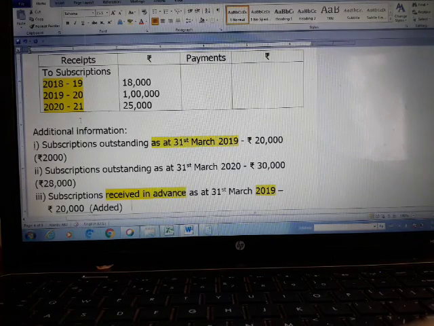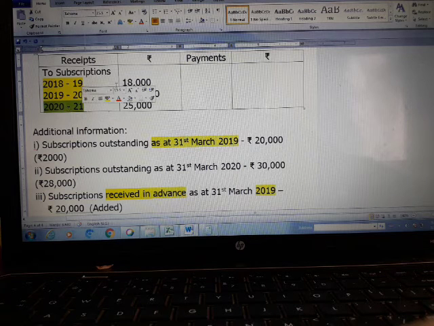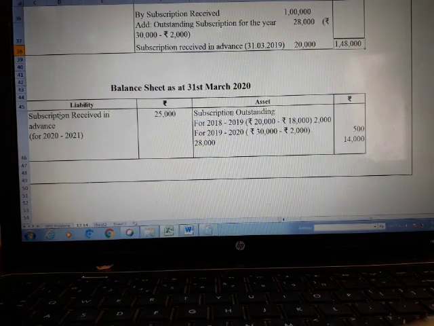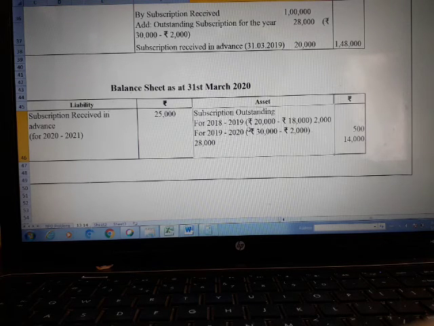If you look at this tabular column, for the year 2020-2021 in my receipts, I received subscription of 25,000. This belongs to the next year, so it is an advance subscription. So subscription received in advance for the year 2020-2021 is 25,000. It's a liability.